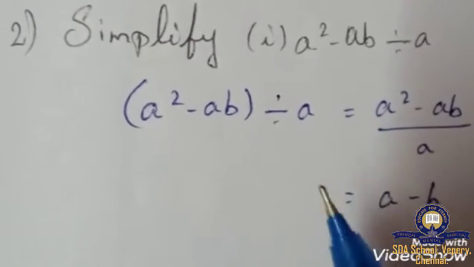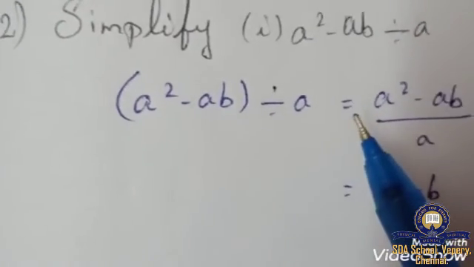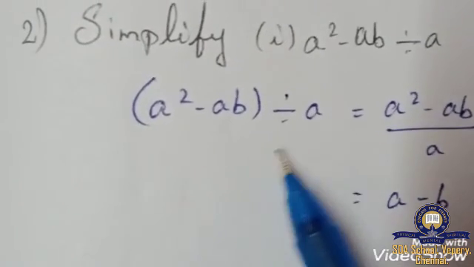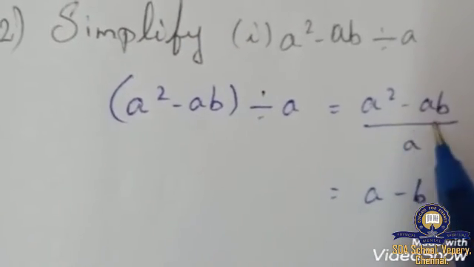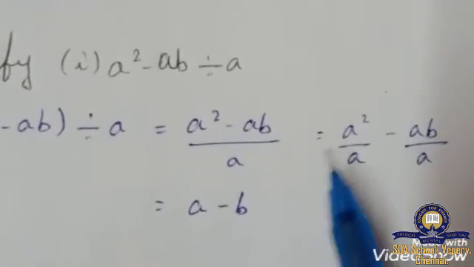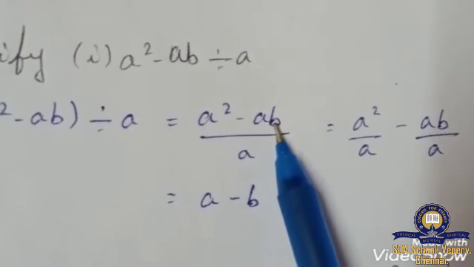Next we are going to simplify a square minus ab divided by a. Let's see how we do the division. First of all we write it in the form a square minus ab divided by a. Next we split these two terms.